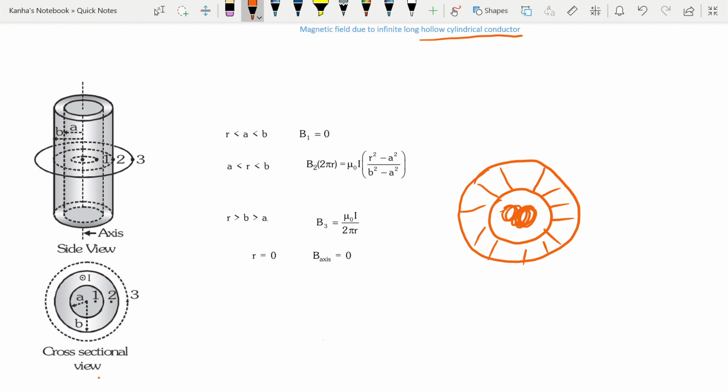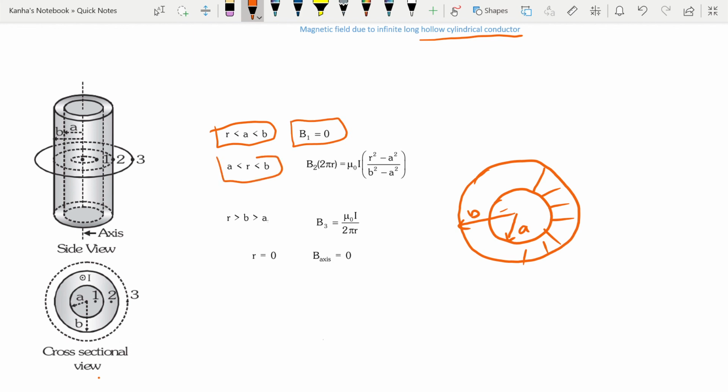So as I've shown here, the inner radius is given as a and the outer radius is given as b. So when you're inside a, there is no current flowing, so your magnetic field there is equal to 0.